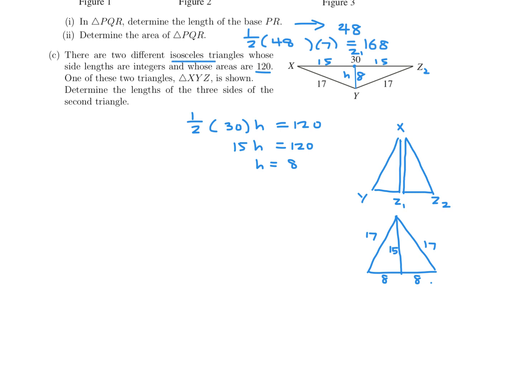And then, of course, the area would be 1/2 base times height, which in this case is 16 and 15. And that is going to be 8 times 15, which is 120. Okay, so what do they want? They want the lengths of the three sides. So in this triangle, the lengths of the three sides are 17, 17, and 16, because this is the third side. And I believe that's it.